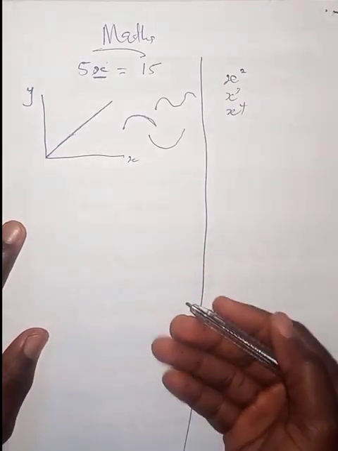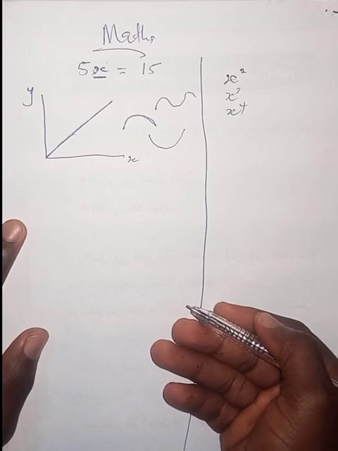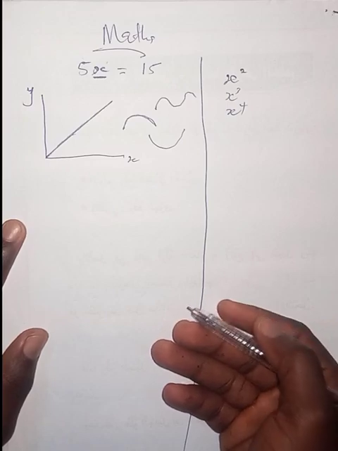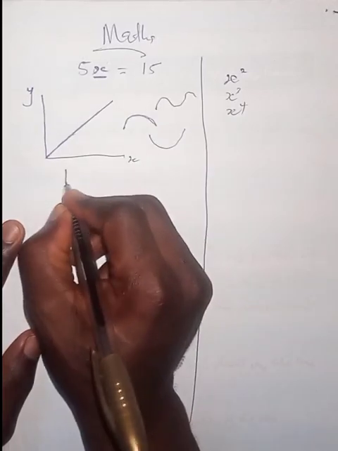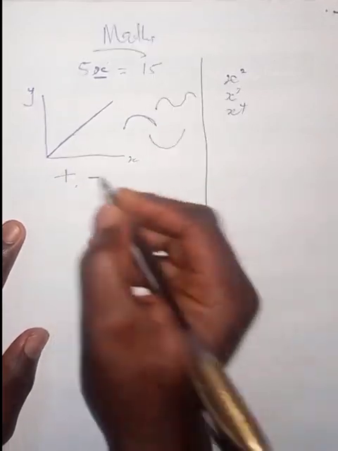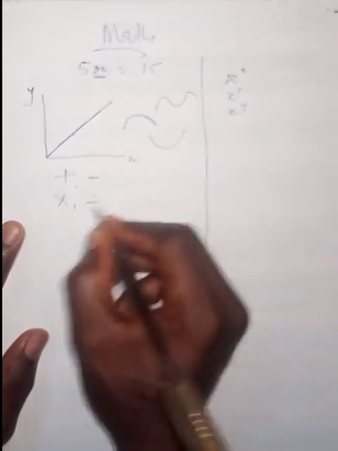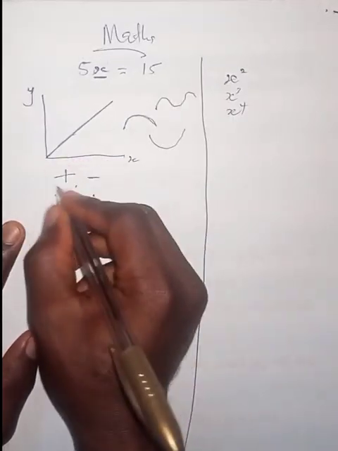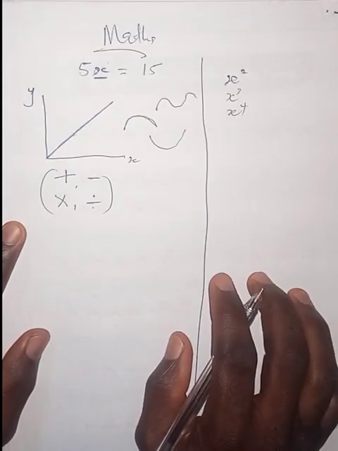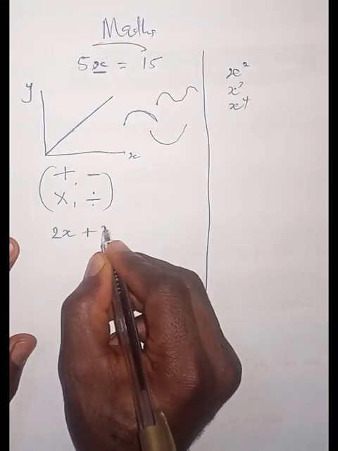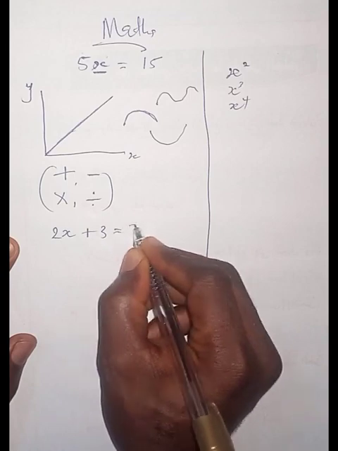So let us look at how to solve linear equations using inverse operation. This is our inverse operation. You have plus and minus. We have times and division. So these are the inverse operations. Take 2x plus 3 equal to 7.